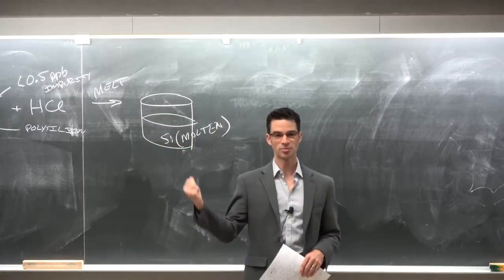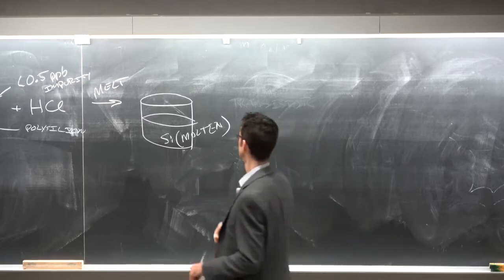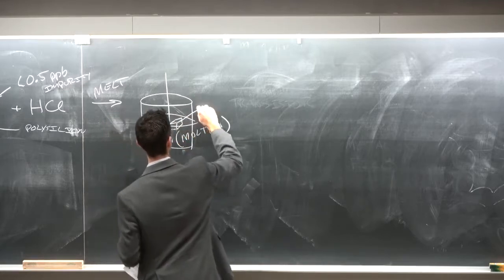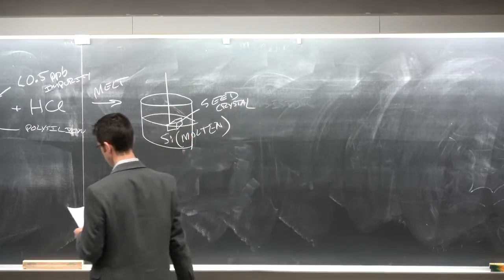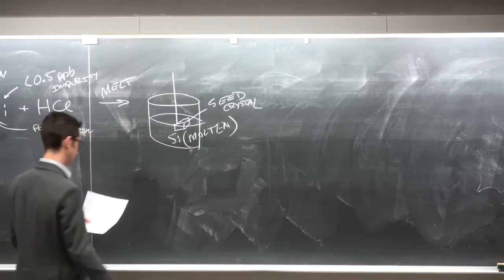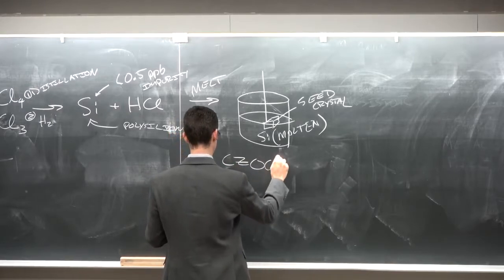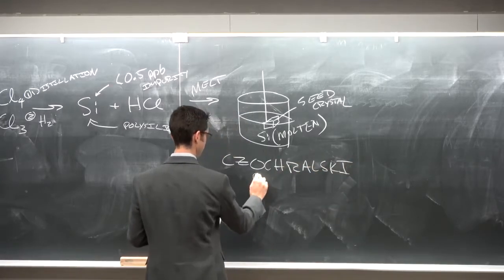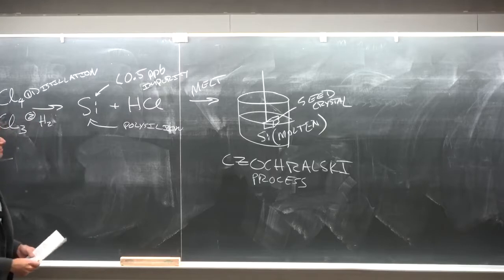And what we do is we take a stick with a seed crystal on it, and in a process called the Czochralski process, which is spelled in a very intuitive way, you pull.